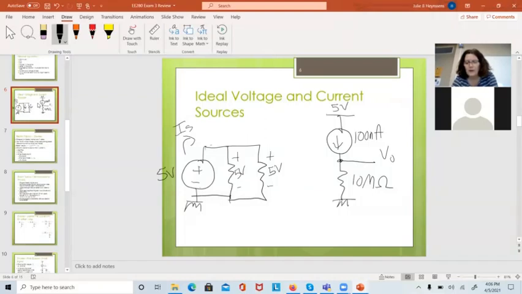Since the 100 nanoamp and the 10 megohm are in series, the 10 megohm will also see 100 nanoamps, and the voltage across it is going to be 100 nano times 10 meg. That you do know. Resistors you can rely on.